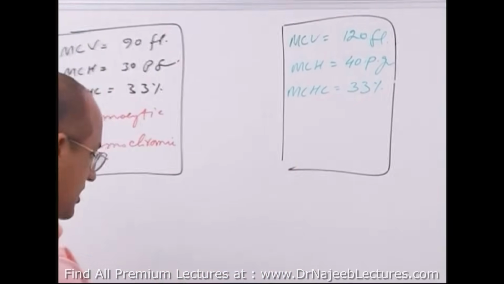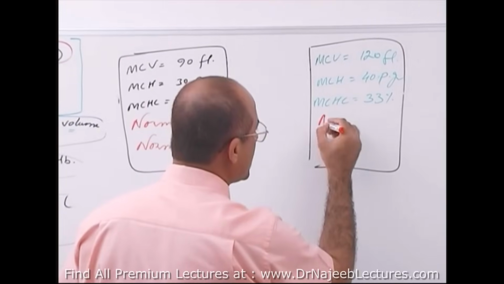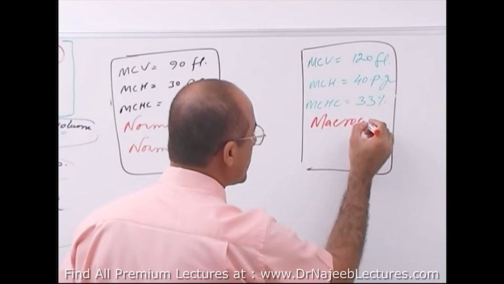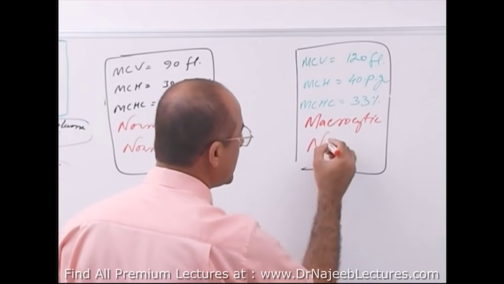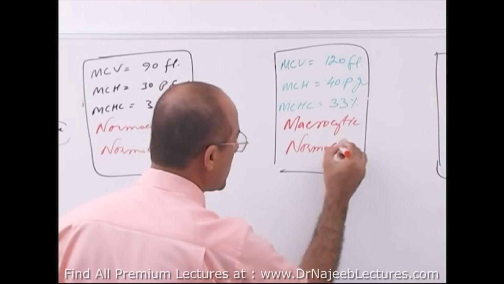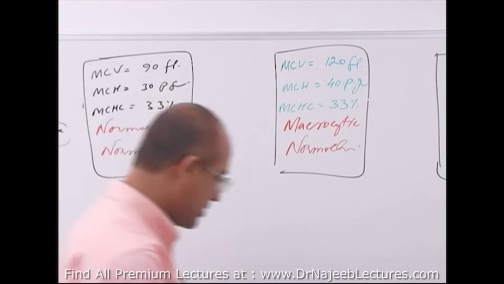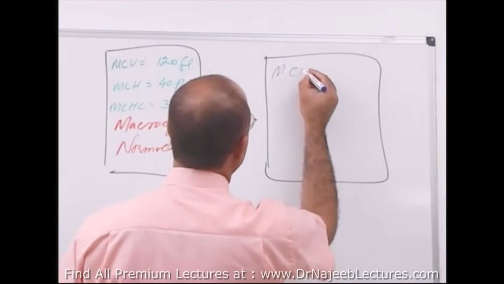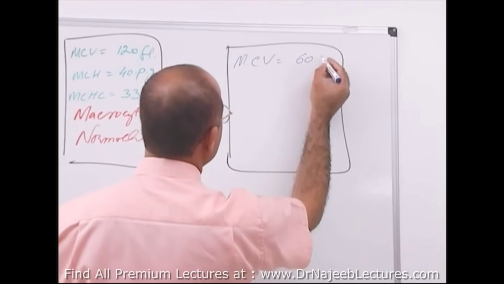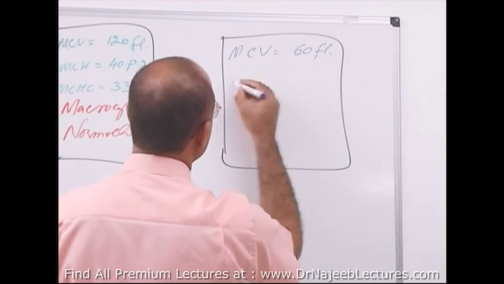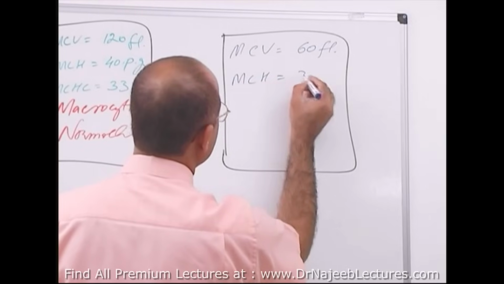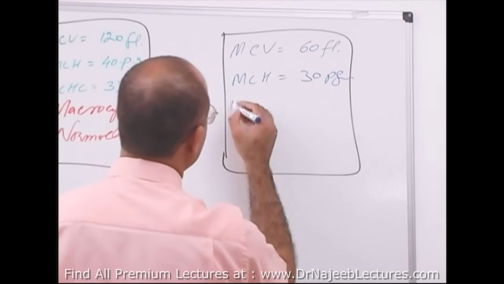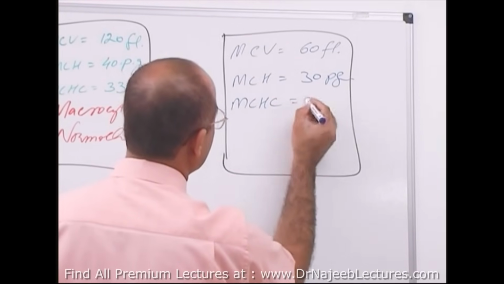What is that? Macrocytic? Very good. Macrocytic, normochromic. Okay, let's put one more value. Mean corpuscular volume is 60 femtoliter. Mean corpuscular hemoglobin is 30 picogram. Mean corpuscular hemoglobin concentration is 50%.